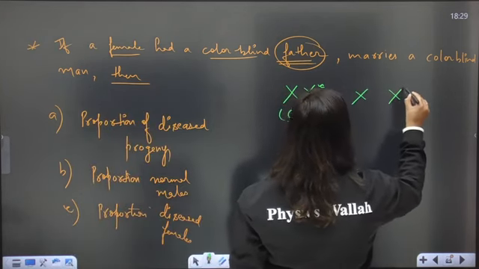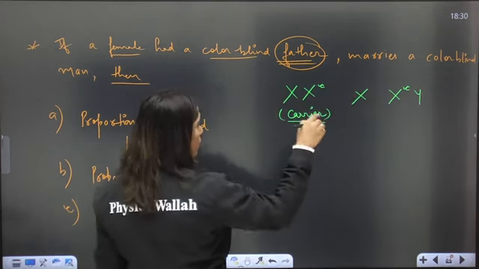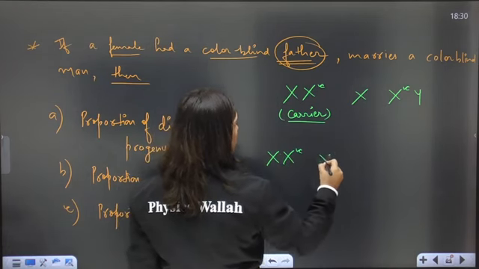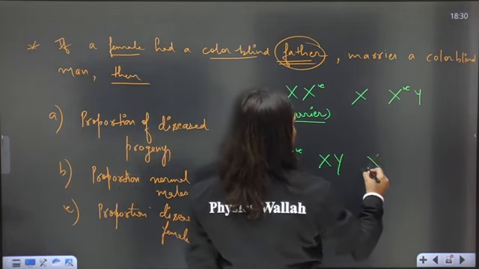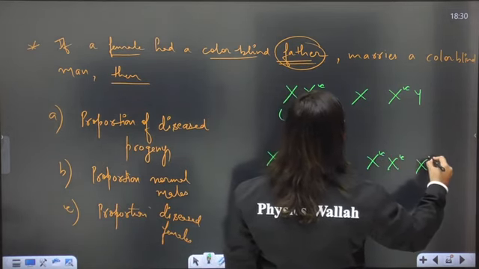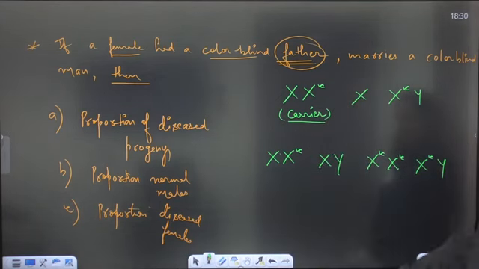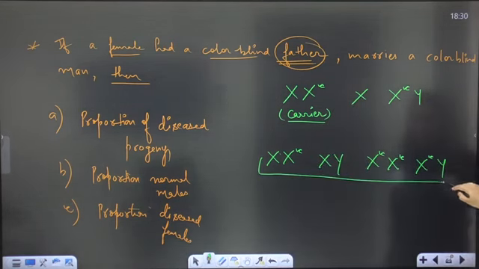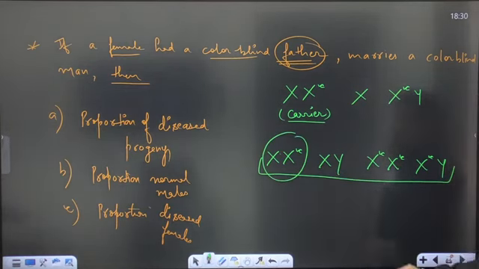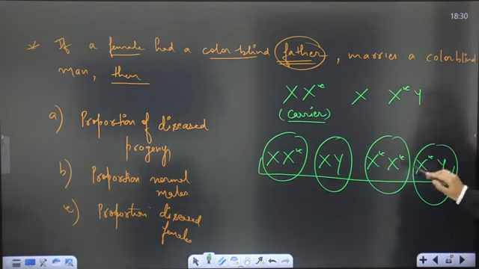She marries a colorblind male. So what will be the conditions? These are the progeny: the carrier female, the normal female, the normal male, the diseased female, and the diseased male.